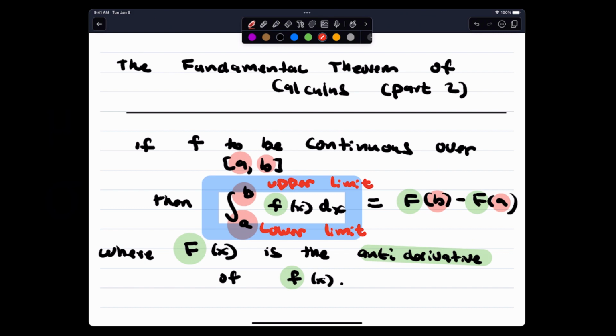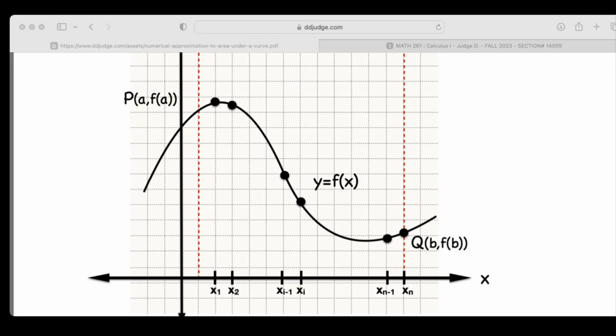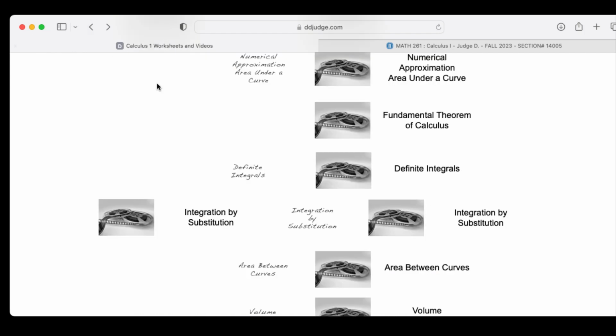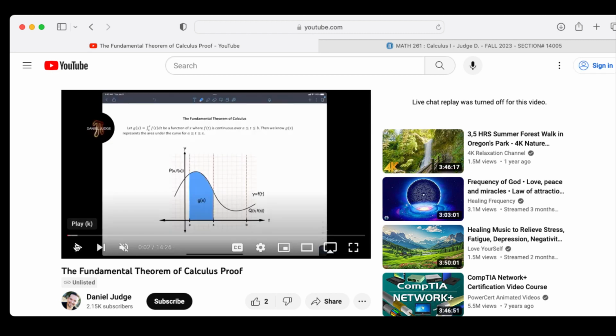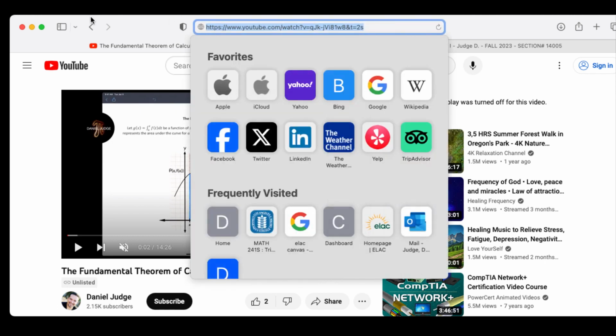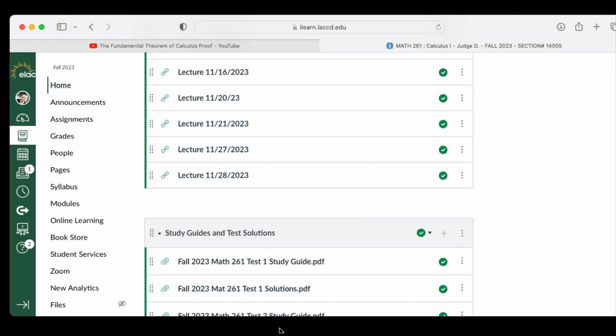Numerical approximation. Okay, let me go show you guys here something. So when you go back to my website here, and I'll probably send it to you even as an announcement, these are the videos here, right? This is the fundamental theorem of calculus. This is the proof that I'm talking about here. It's a nice proof for you guys.